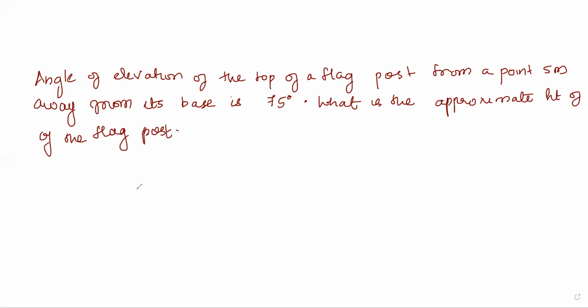So please try drawing the figure. Angle of elevation of top of a flag post. So this is a flag post and its top. Then its angle of elevation, that is 75 degree. And from where? From a point 5 meters away from the base. So this point is 5 meters away.